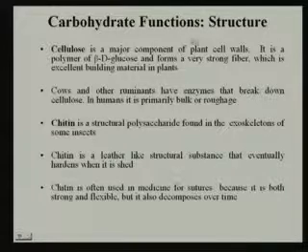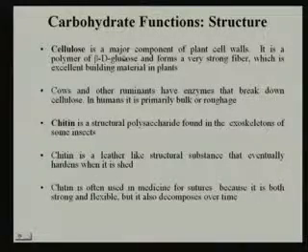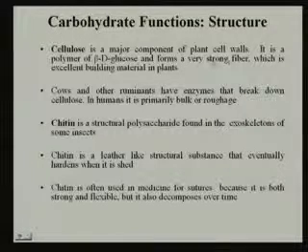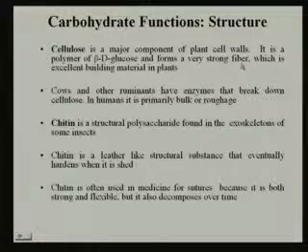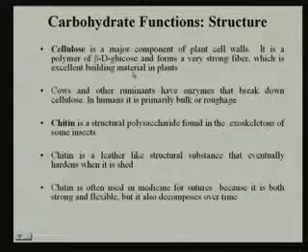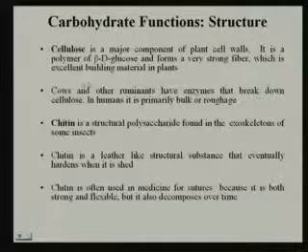Now, if we see the function of carbohydrate as structural stability, then we can find that cellulose is present in every plant cell, and in the plant cell this cellulose is giving a strong support. That means it has a fiber-like structure which is an excellent building material of the plant.